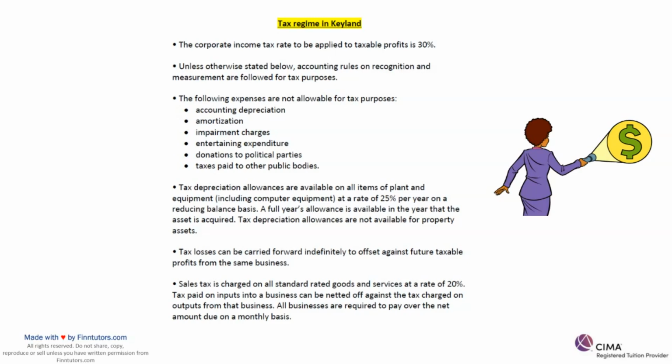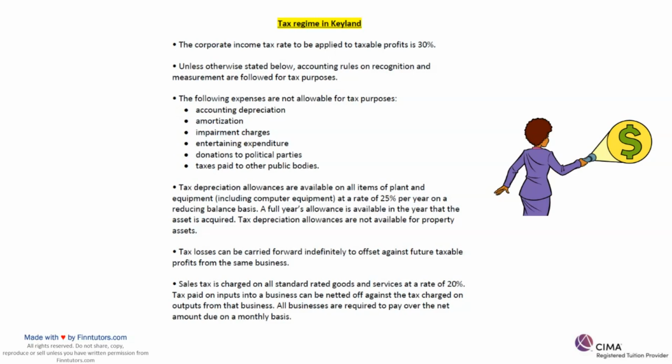Tax depreciation allowances are available on all items of property, plant, and equipment at a rate of 25% per year on a reducing balance method. A full year's allowance is available in the year that the asset is acquired. Tax depreciation allowances are not available for property assets. It's only available on plant and equipment, not on land.